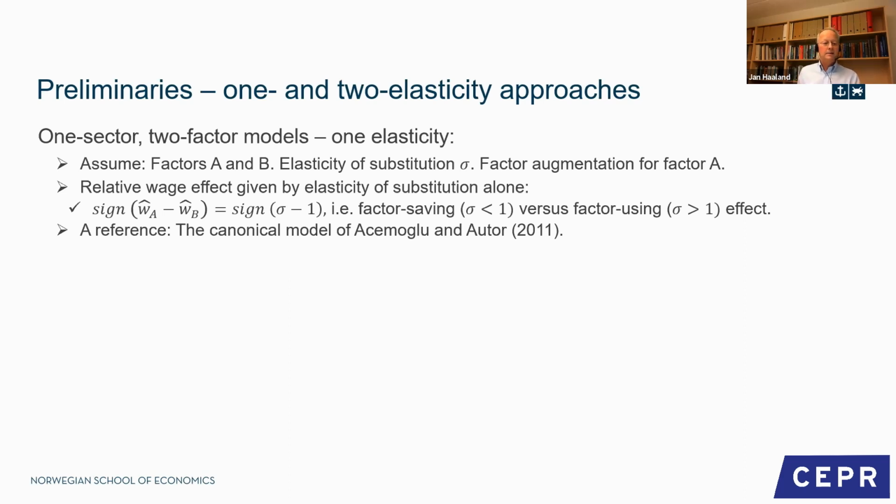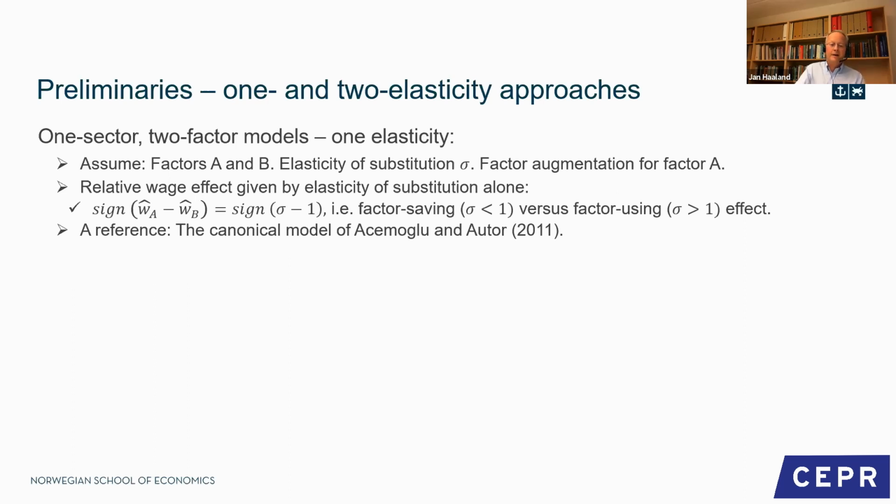So basically the sign of the relative wage effect, if there's factor augmenting progress for factor A, say, would depend on whether the two factors are gross substitutes or gross complements.